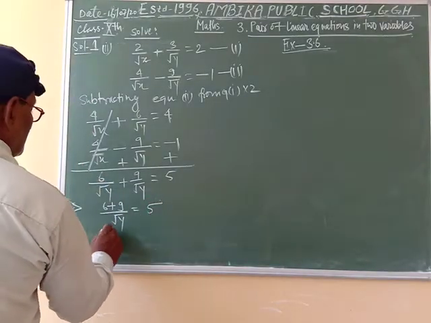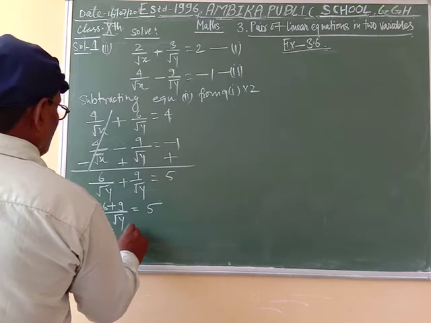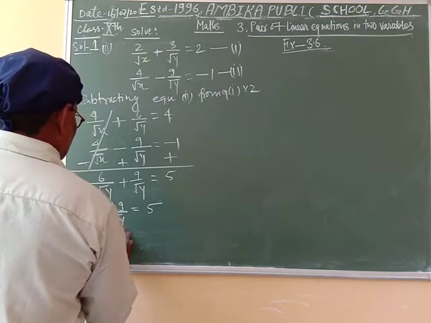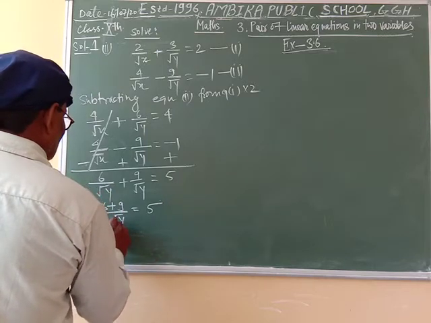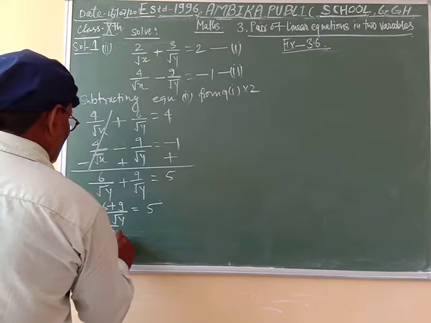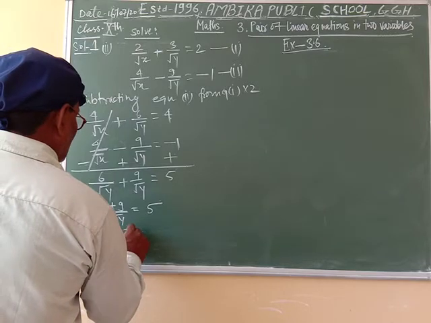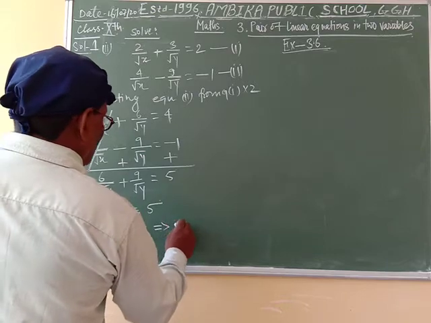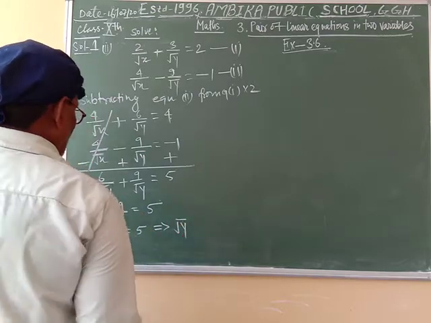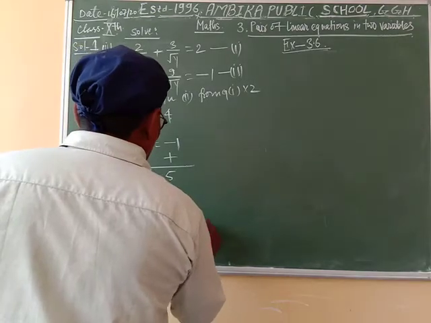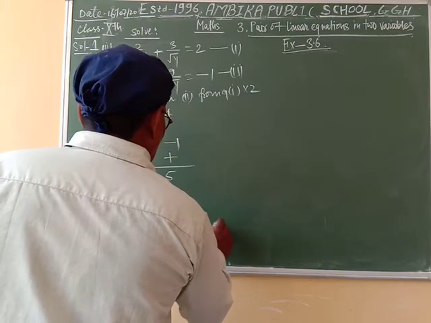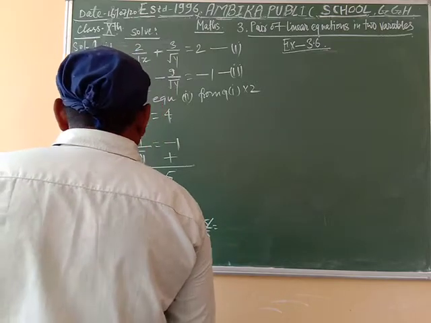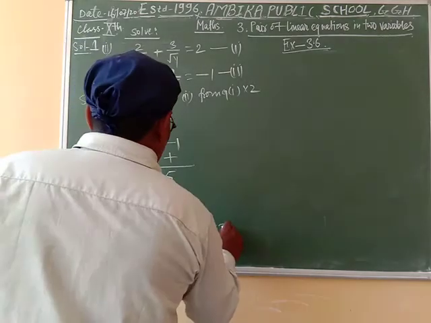So 15 by root y is equal to 5, root y is equal to 15 by 5, root y is equal to 15 by 5 is equal to 3.